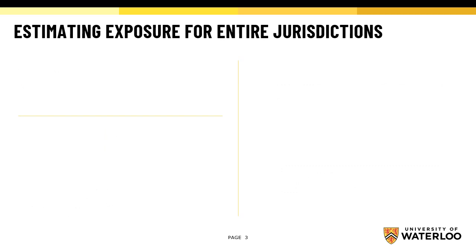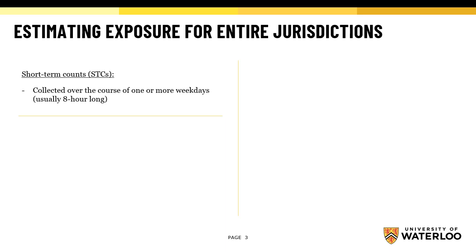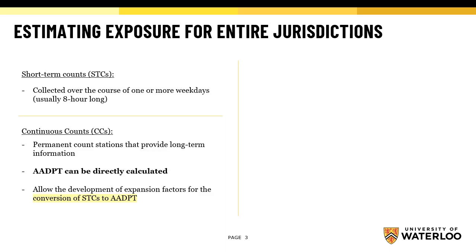There are a few techniques and tools that are very useful for estimating pedestrian exposure for entire jurisdictions. The first one is the short-term counts, or the STCs, that are usually collected over the course of one or more weekdays and usually during an 8-hour period. The second type of information is the continuous counts.